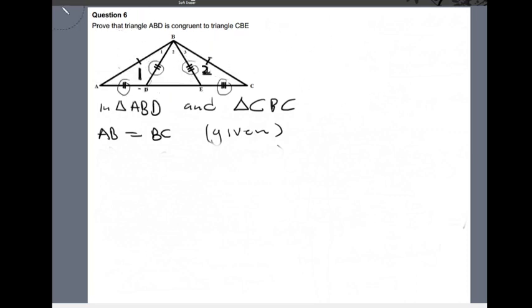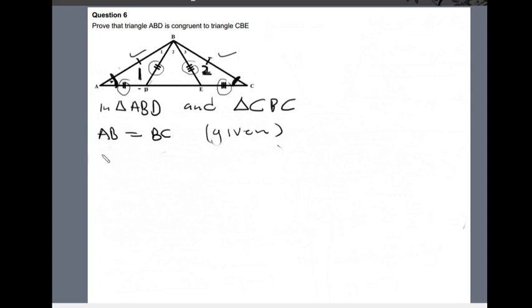Okay. So notice that this side AB and this side CB, these two sides are equal, right? Therefore this bigger triangle ABC is an isosceles triangle because these angles will be opposite equal sides, right? This angle here will be equal to that angle there because these two angles are opposite equal sides, right?